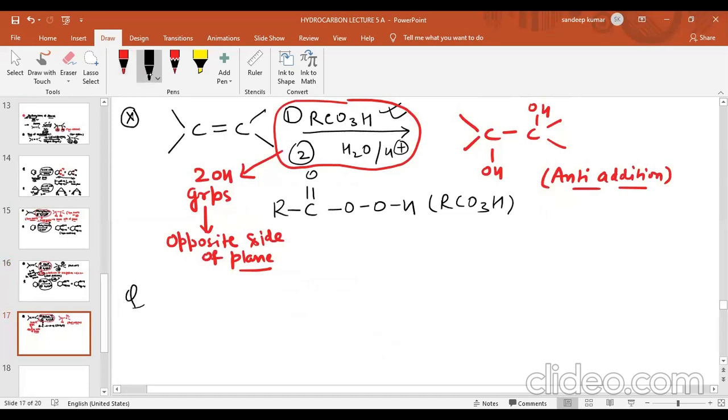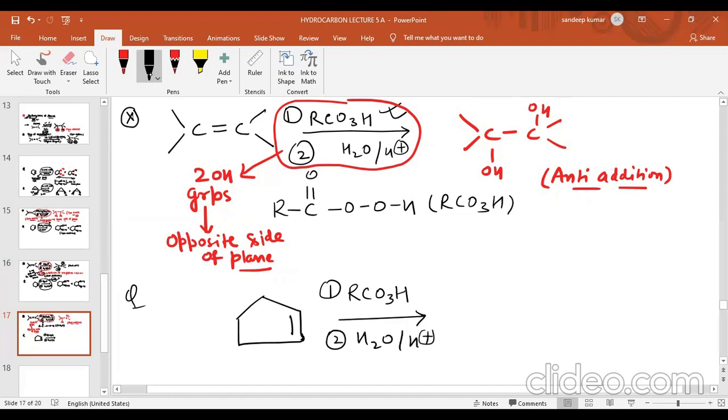If it is given like this, this is cyclopentene, and if we add RCO3H in first step and in second step there is hydrolysis, so what happens?